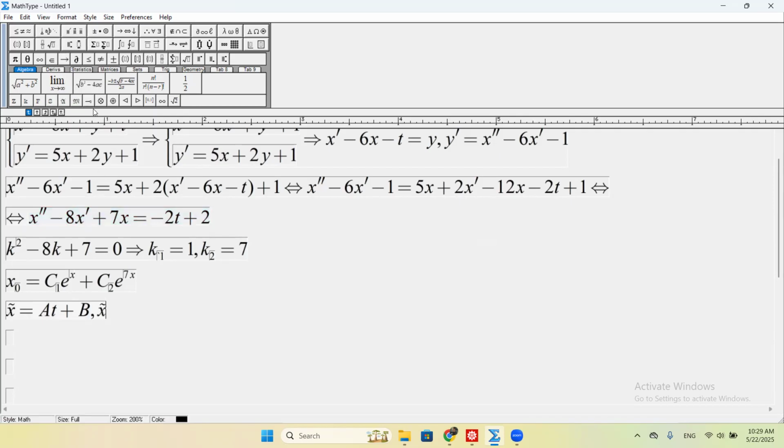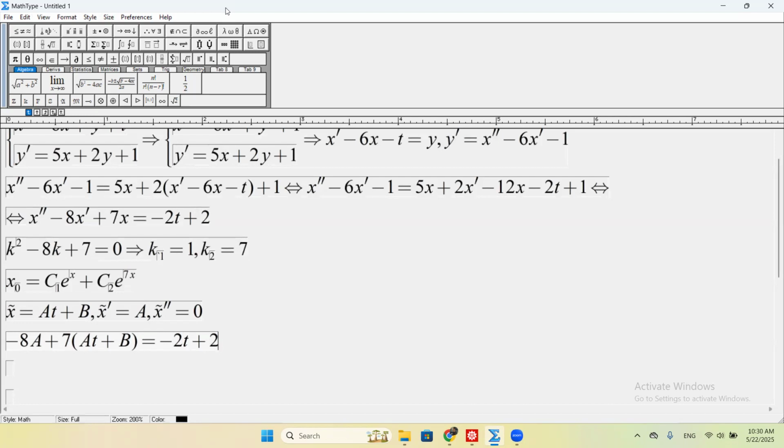So x prime equals a, and x prime twice equals 0. So substituting, minus 8a plus 7at plus b equals minus 2t plus 2.